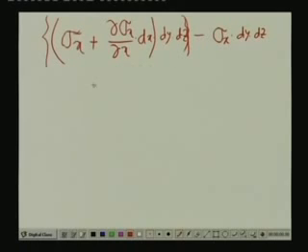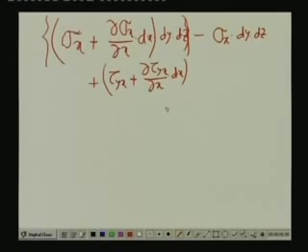Also, in this particular direction we have plus tau y x plus del tau y x del y times dy, acting over the area dx and dz, minus tau y x dx dz.